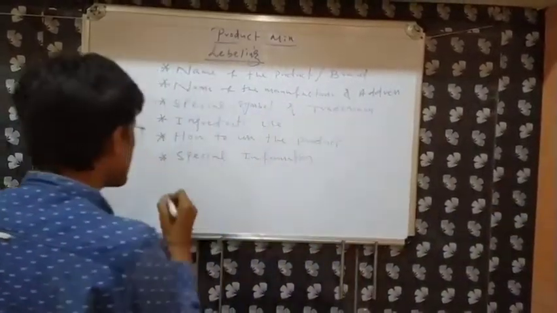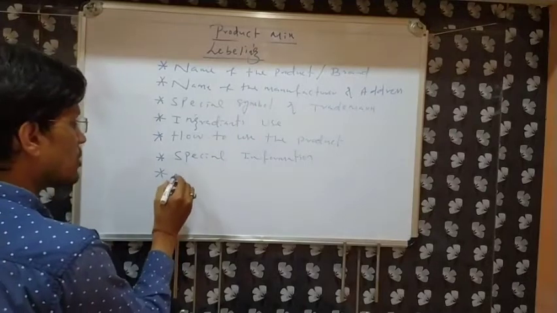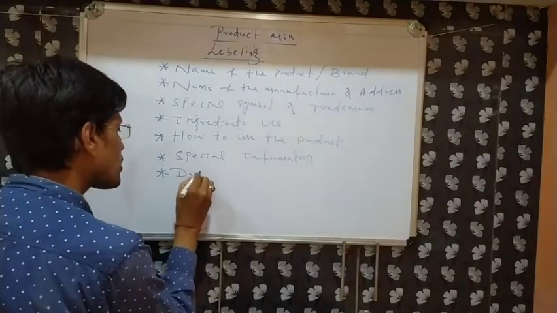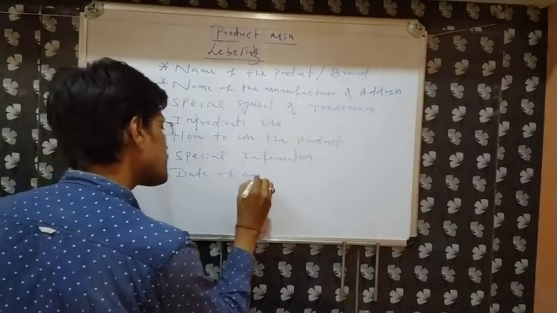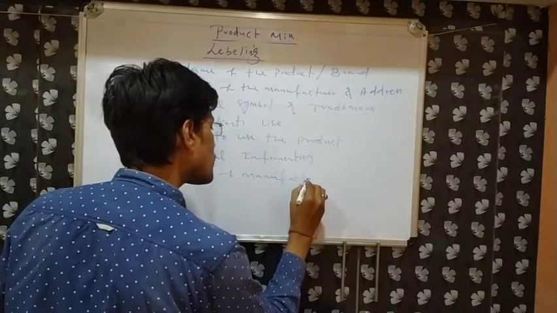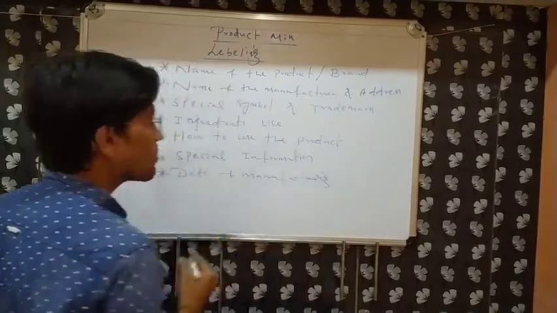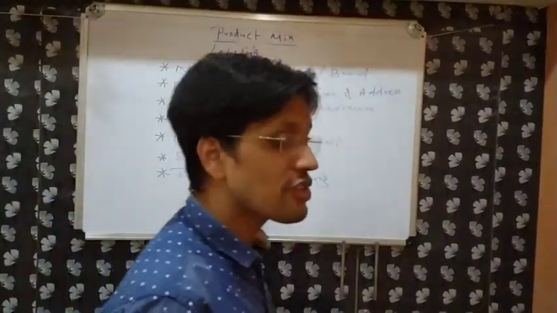In labeling, something highly important that people see every time while purchasing is the date of manufacturing, or the expiry date.